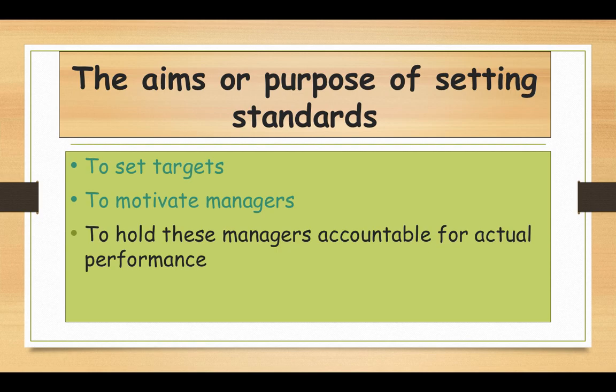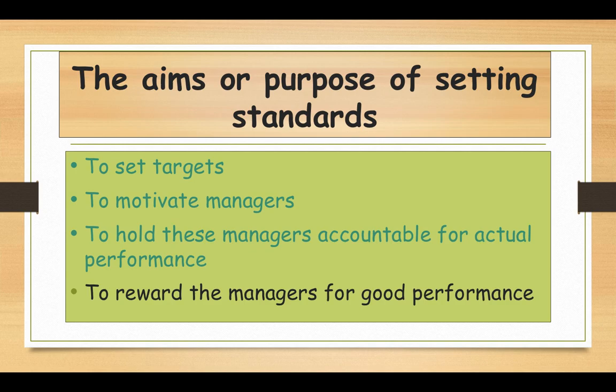And companies can hold these managers accountable for the actual performance. For example, if the production manager is involved in the standard setting process and he hasn't achieved the budgeted number of production units, then he is answerable for not achieving the standards. And when managers achieve those standards, they will be rewarded for good performance. On the other hand, they will be criticized for the poor performance.